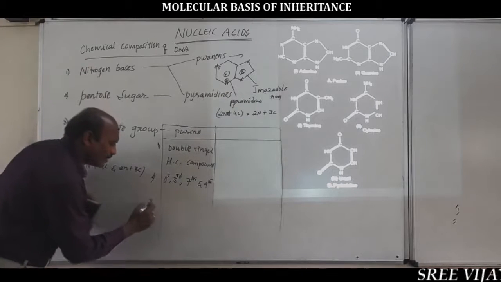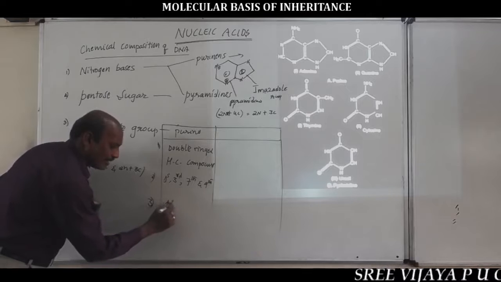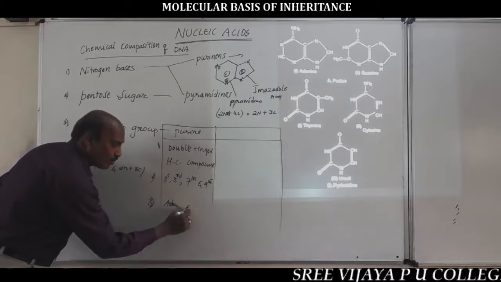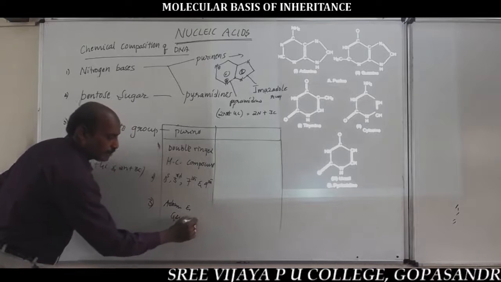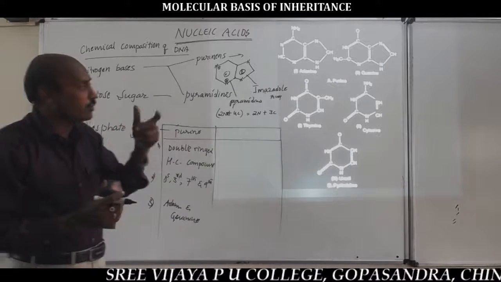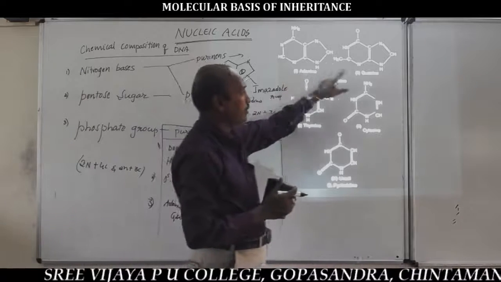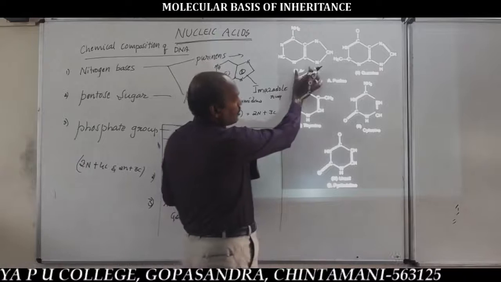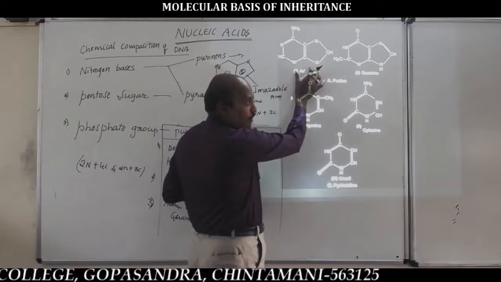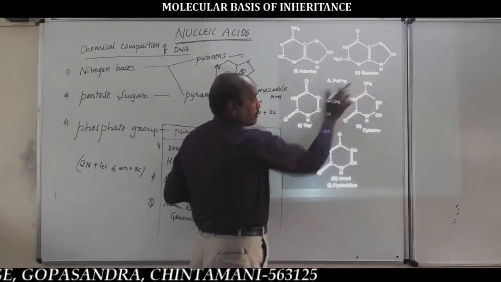There are two purines, adenine and guanine. This is the adenine purine base and the guanine purine base.